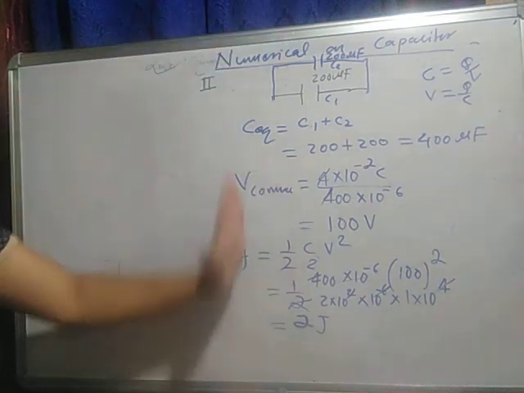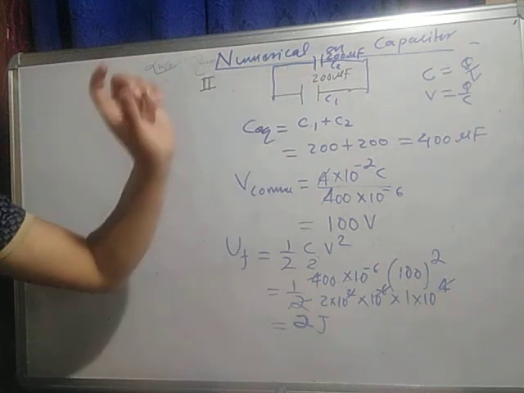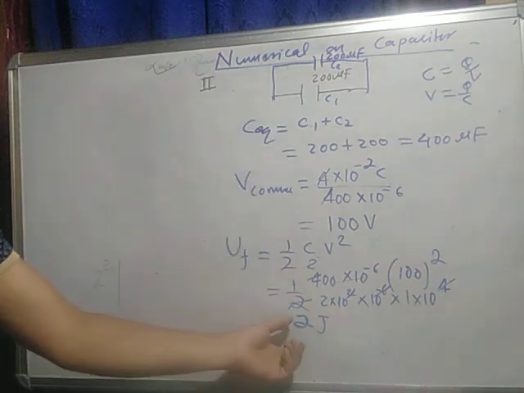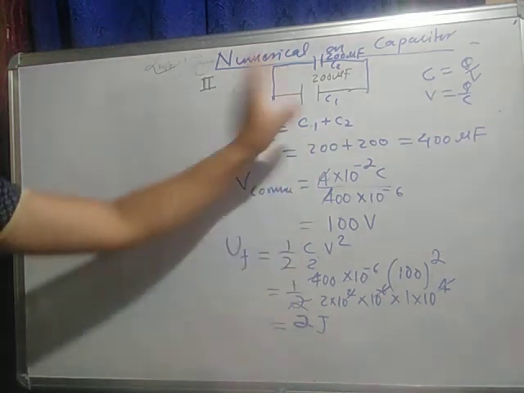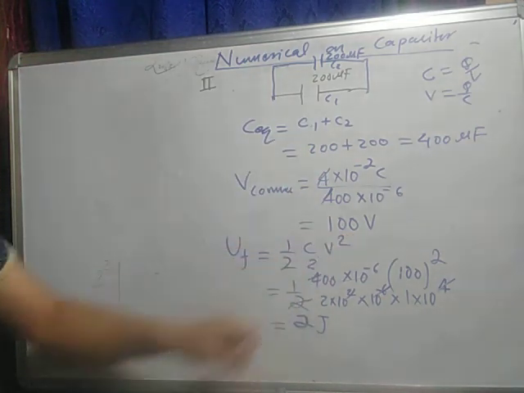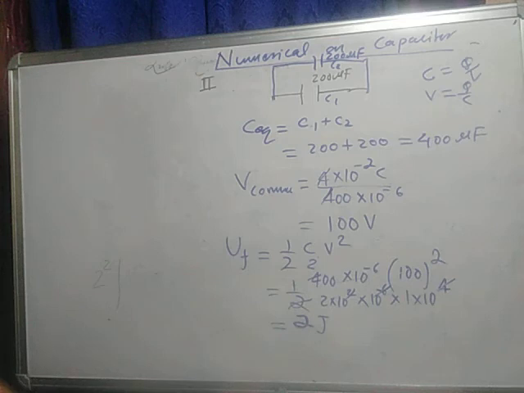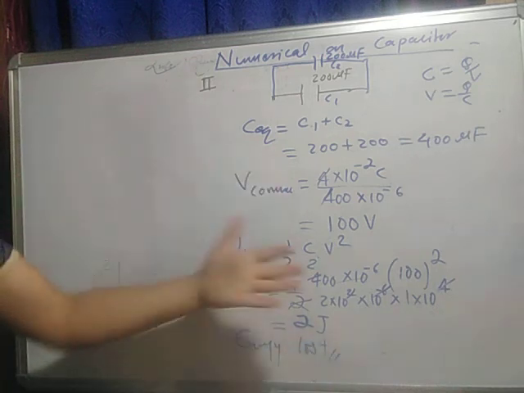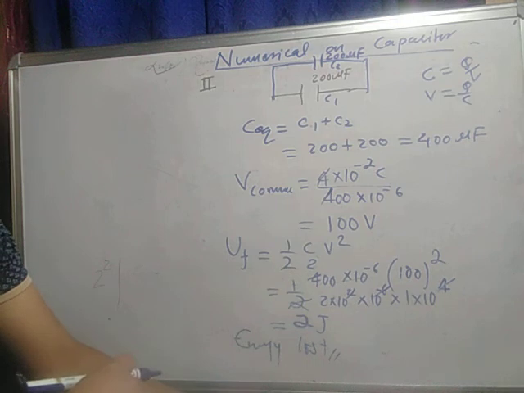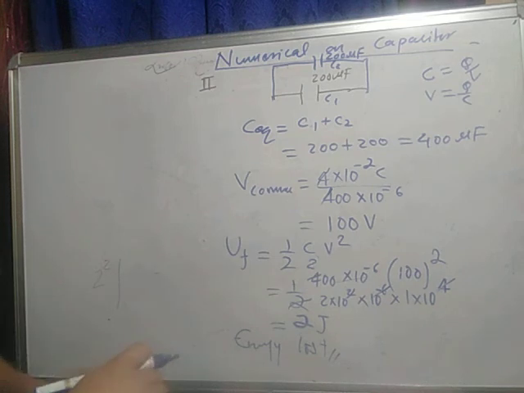So energy is lost, isn't it? Before it was 4 joule, now we have 2 joule, but voltage or potential got distributed, isn't it? So that means energy is lost. What happened? Energy gets lost whenever you charge through a power bank. After some time the power bank gets exhausted, or it loses its energy. Clear?